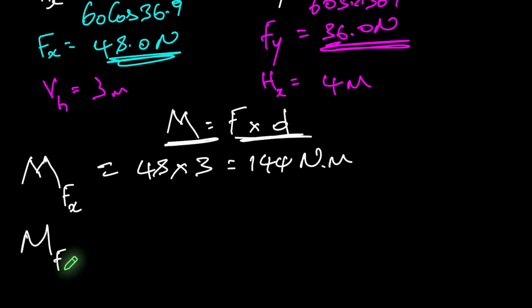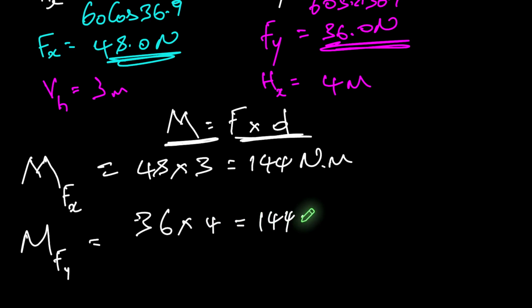Taking the moment of our vertical side now, for our vertical force component 36, it's 36 now being multiplied by 4, and this also gives us 144 newton meters. Now, in terms of moments, we know that moment is actually a vector, so we need to also establish how these will rotate.